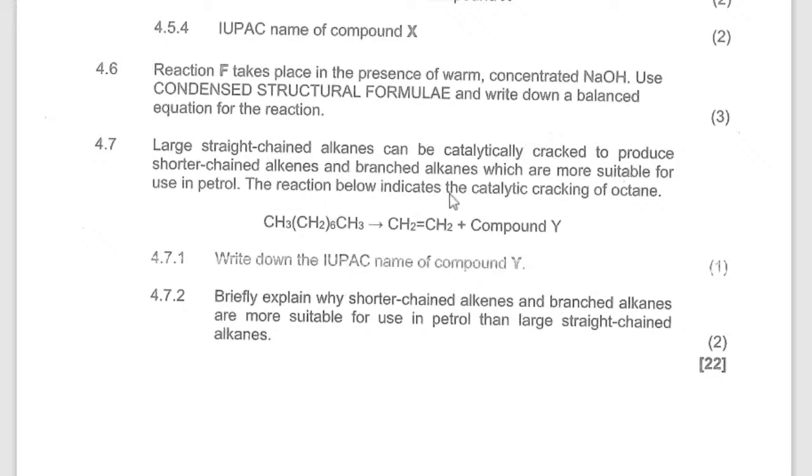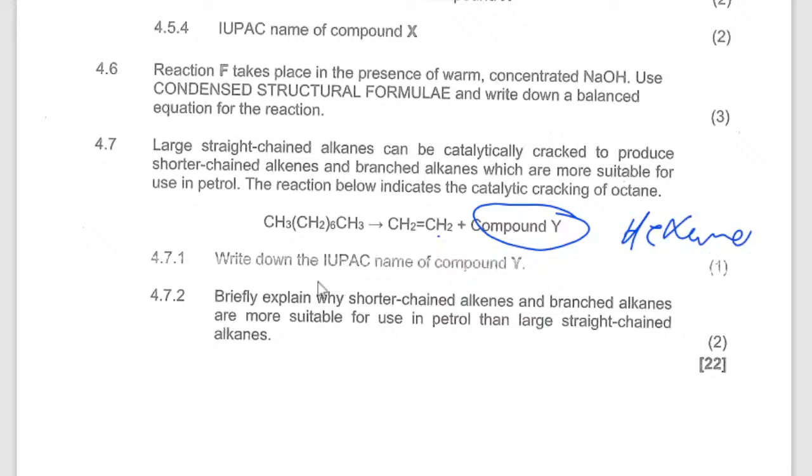We call it cracking. The reaction below indicates the catalytic cracking of octane. Octane is 8 carbons. So when you crack it, what happens? You break it into smaller pieces. Write down the IUPAC name of Y. What is Y? This was 8 carbons, but I have removed 2 of them. Then definitely this one is gonna be hexane.